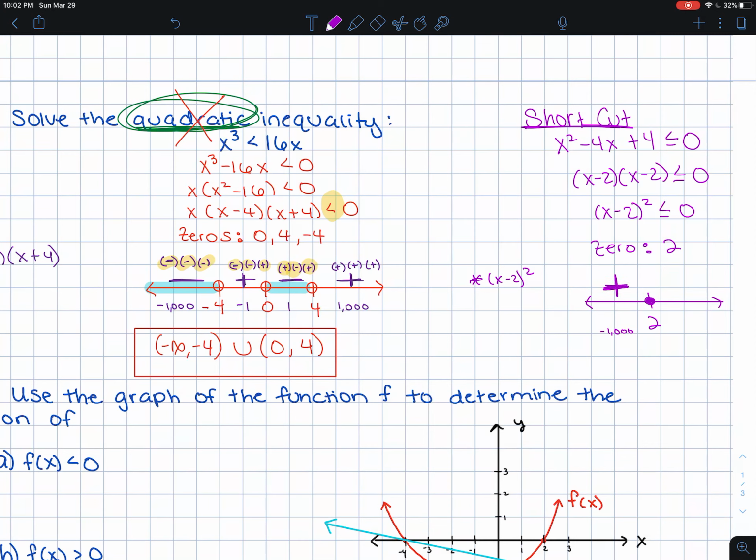Now, instead of plugging in a number between 2 and infinity, I'm actually just going to take a look at the power of my factor. Now, this 0 came from the x minus 2 factor, which has an even power.